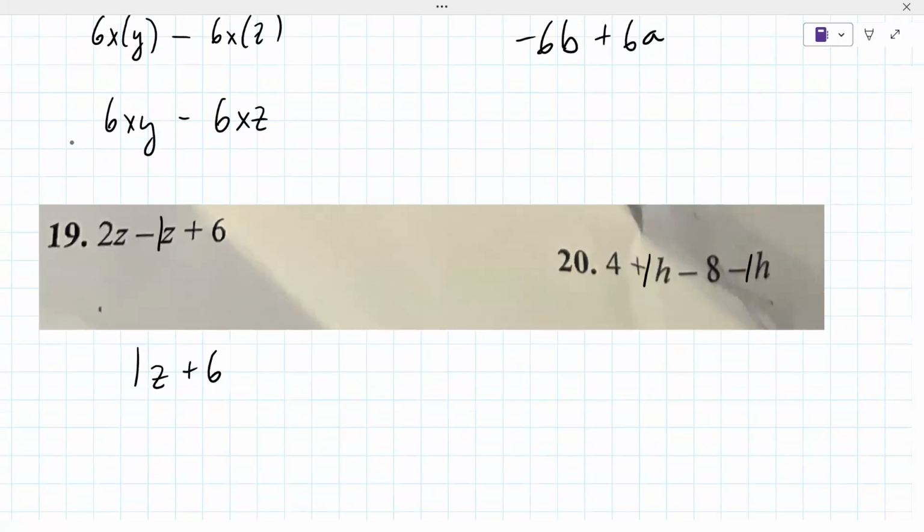And then number 20 would be... I didn't hear your answer for number 20. Maybe you're still working it out. Yeah, hold on, give me a sec. Negative 4. Very good.